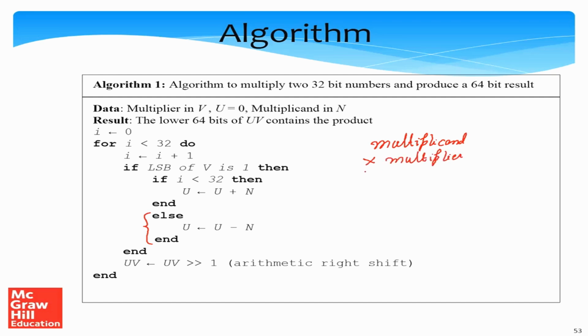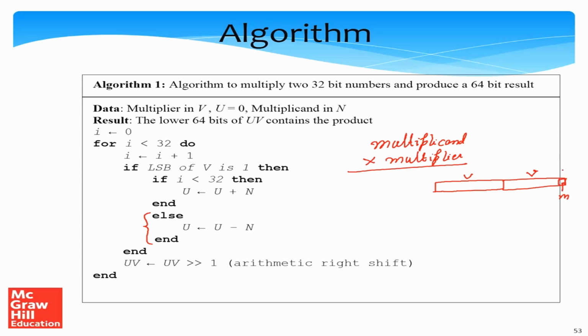So when we reach the last iteration, which is the 32nd iteration, if the LSB is 0, we don't do anything, which is fine. But if the LSB of V is 1, so LSB of V basically means that in the last iteration, if I consider the register pair U and V, then only the last one bit of the multiplier will be left, which will be its MSB.